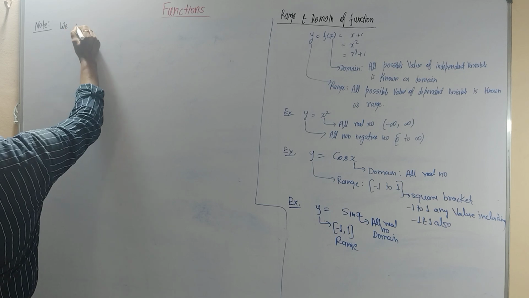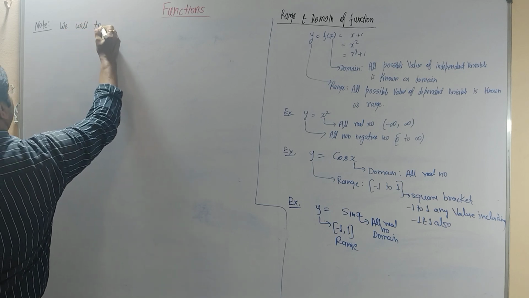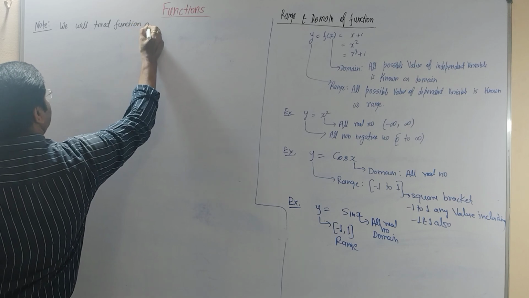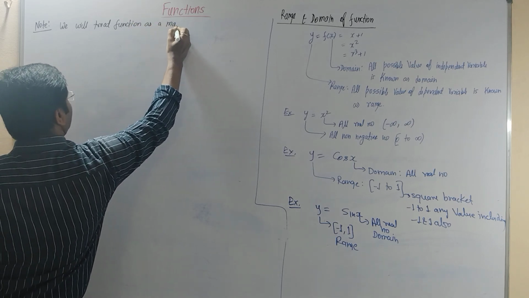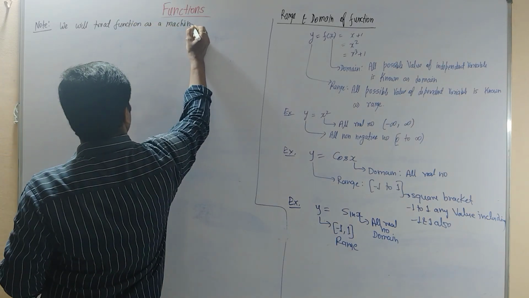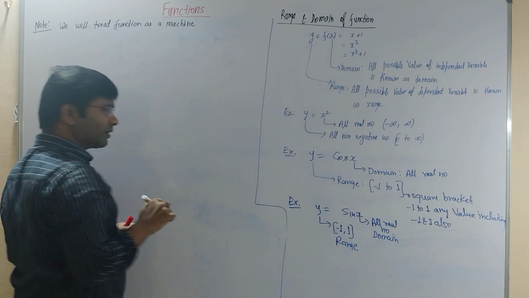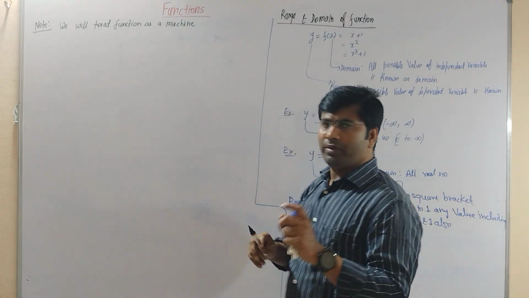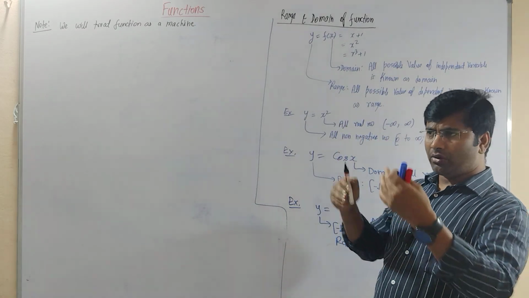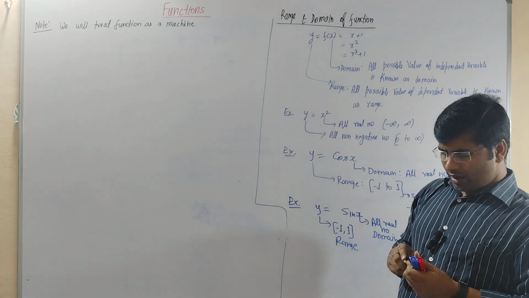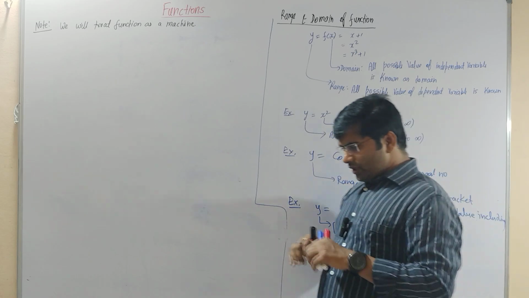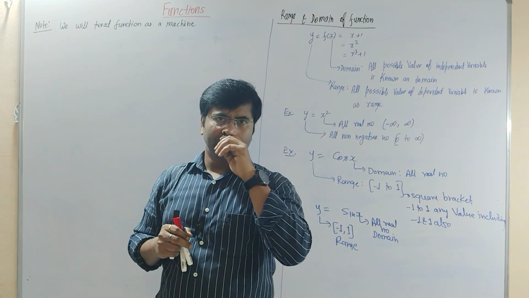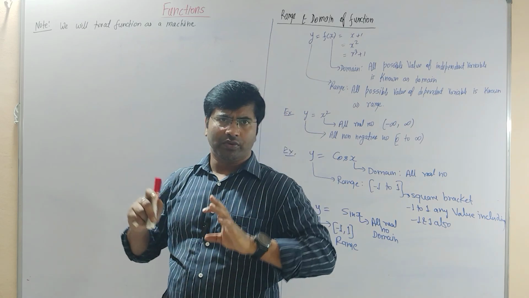We will treat function as a machine. So what is a function machine? In general, what is the use of a machine? Machine means there will be one input and accordingly we will get output. Like, let's say you are giving some input on the keyboard, and you are getting output on the monitor, on the display.